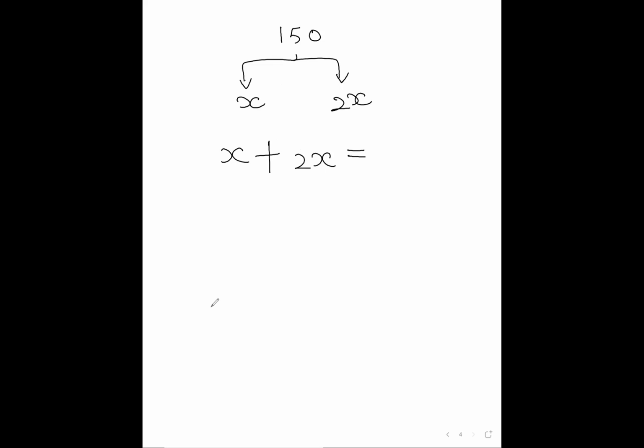Yeah, x plus 2x will give you 150. 150, right? How are you sure about this? Is it clear to you? Yeah, because when you explained about 20, it was like 5 plus 15 is 20.